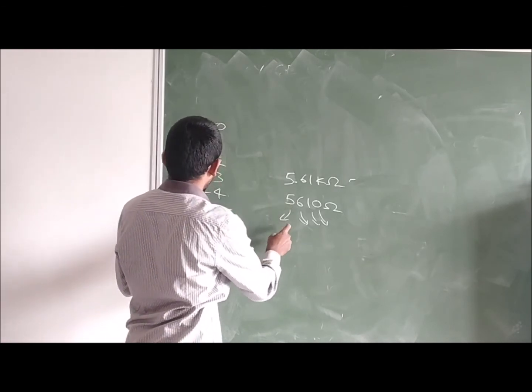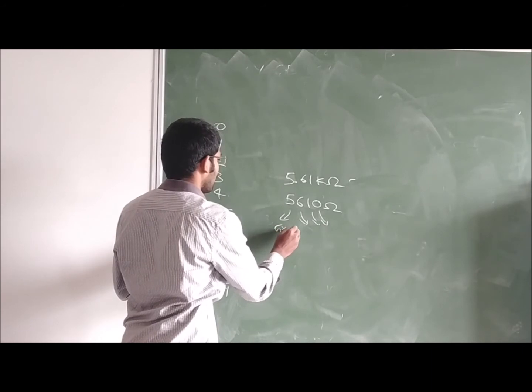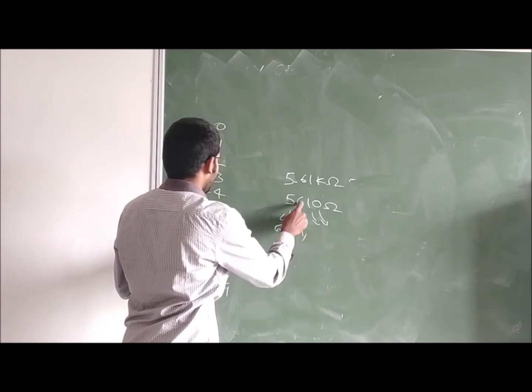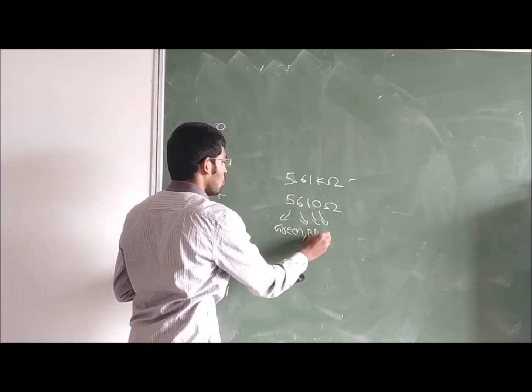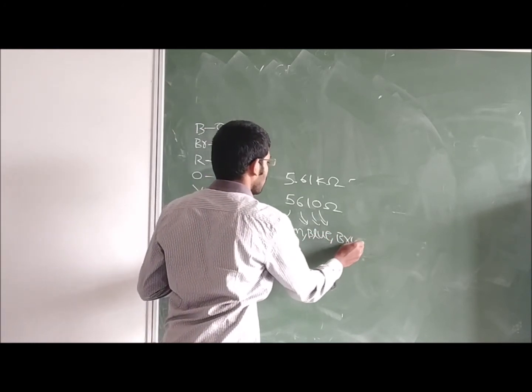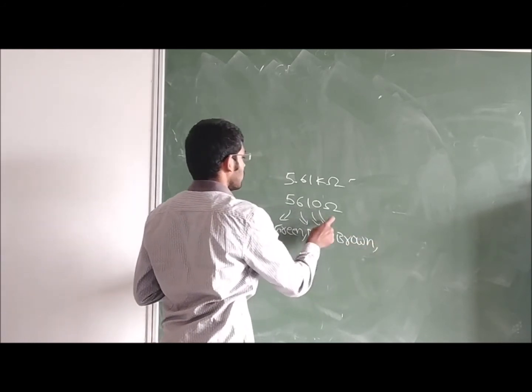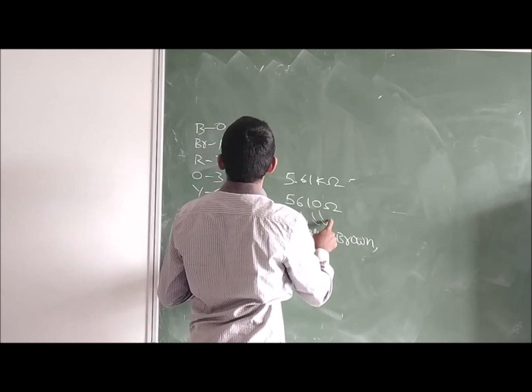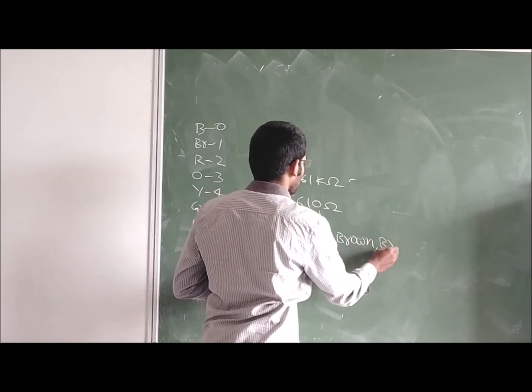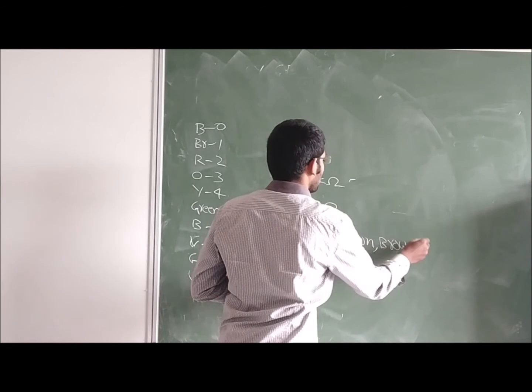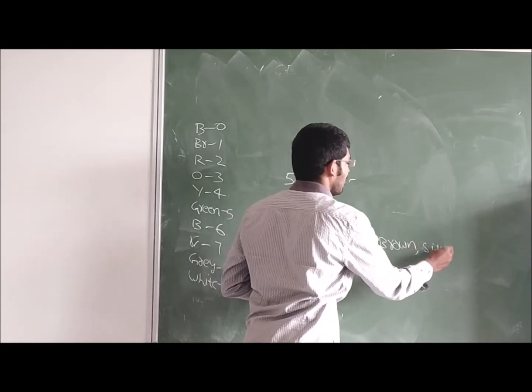Now 5 means green, 6 means blue, 1 brown, 0 is 10 to the power 1, brown again. And then tolerance plus or minus 10%, silver.